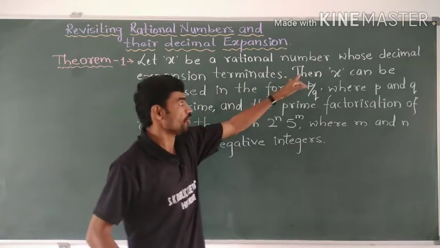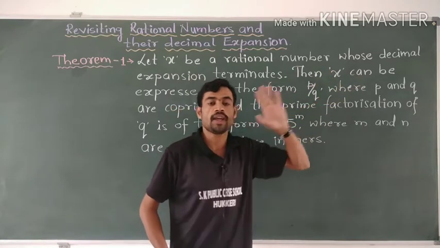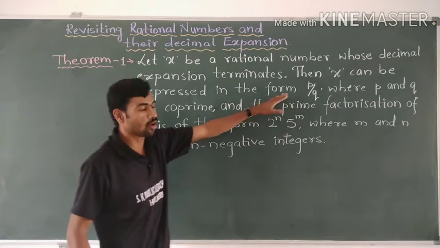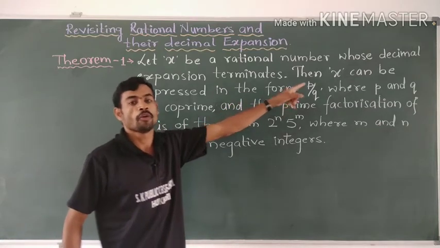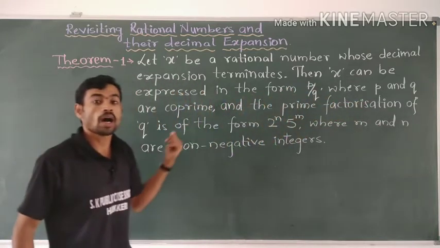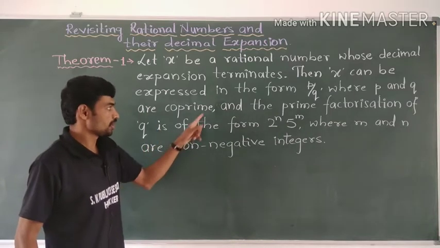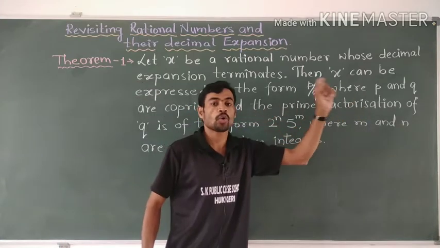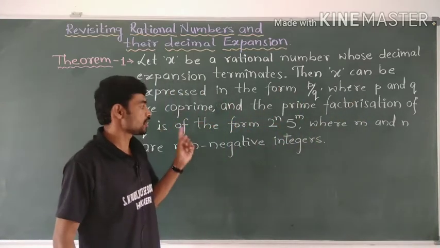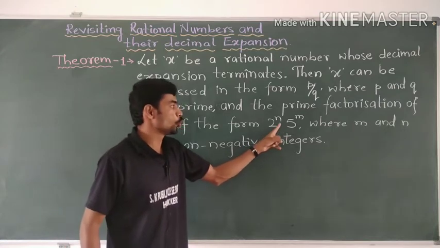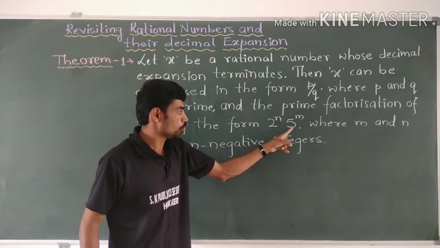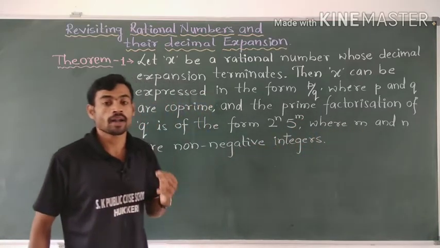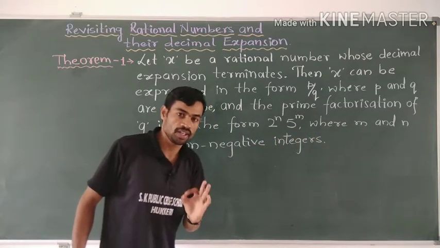Then x can be expressed in the form p by q, where p and q are co-prime numbers, and the prime factorization of q is of the form 2 to the power n into 5 to the power m, where m and n are non-negative integers.